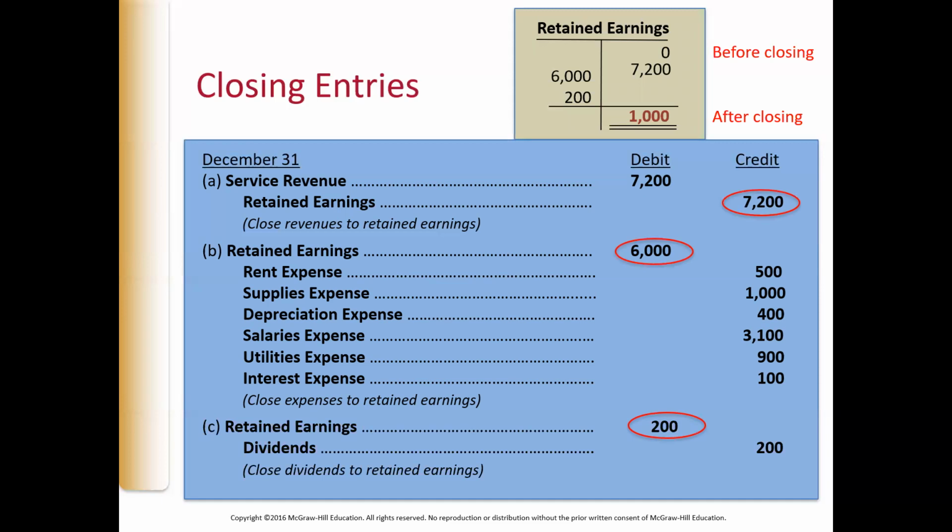So we started the year of retained earnings with a zero balance. Now, the statement of stockholders' equity shows $1,000 retained earning balance. By doing this, do you see how that's how we come up with our $1,000 balance in retained earnings?